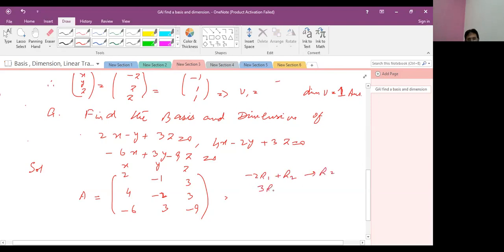And the second operation is 3R1 plus R3 changes into R3.